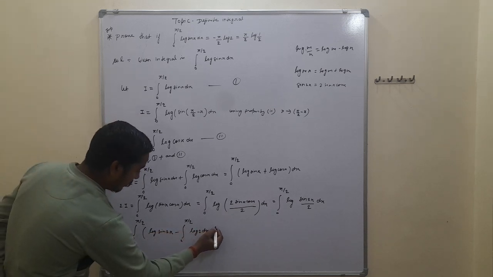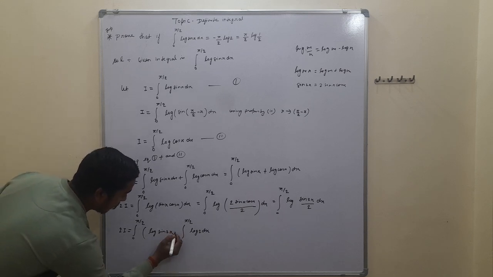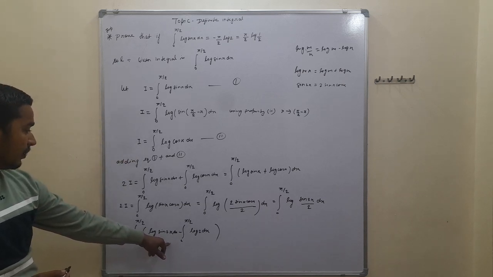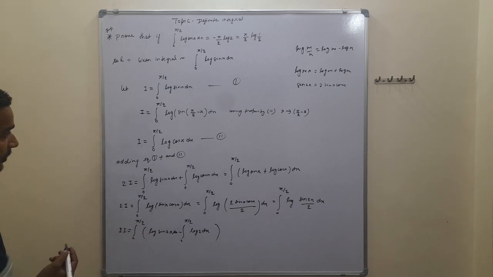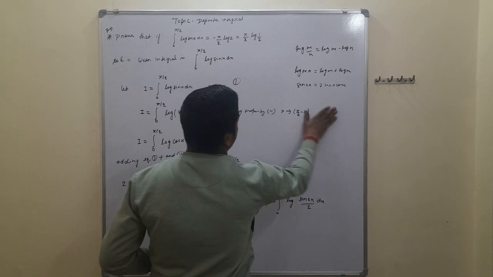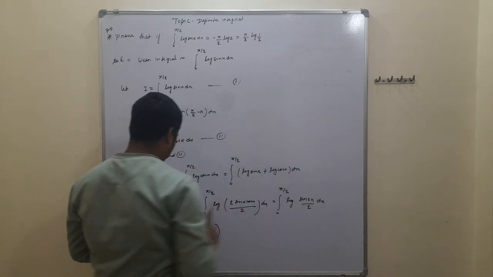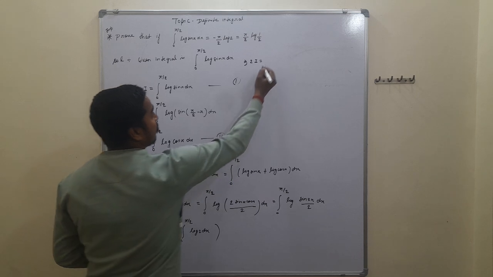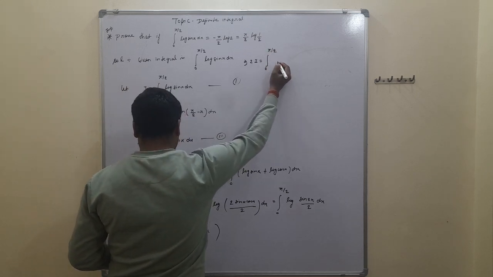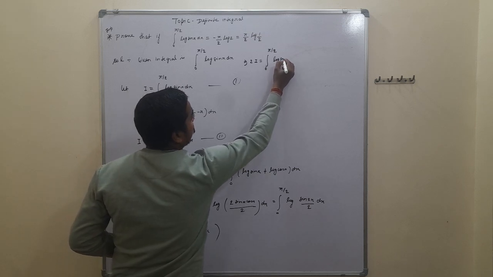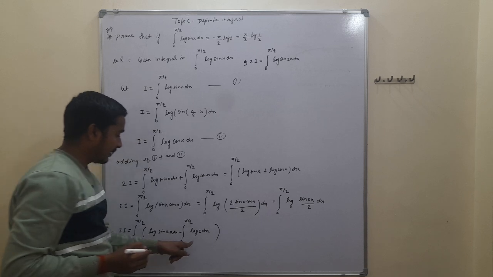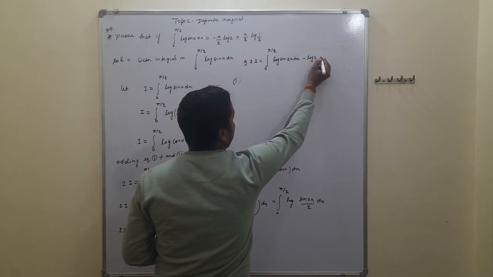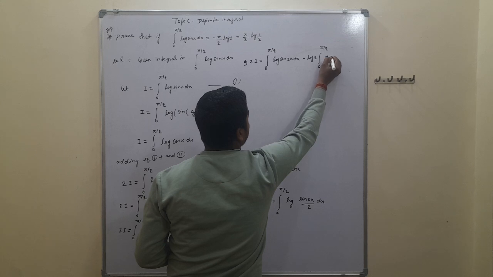Solving once again, 2I is equal to the integral with limits 0 to pi by 2 of log of sin 2x into dx, and log 2 is taken outside, so this is minus log 2 times the integral with limits 0 to pi by 2 of dx.